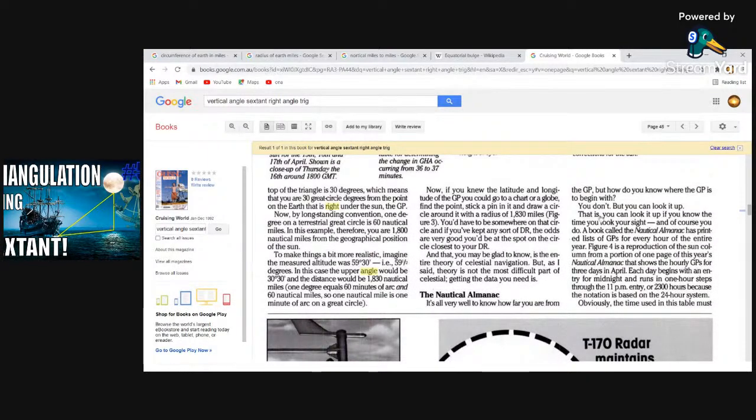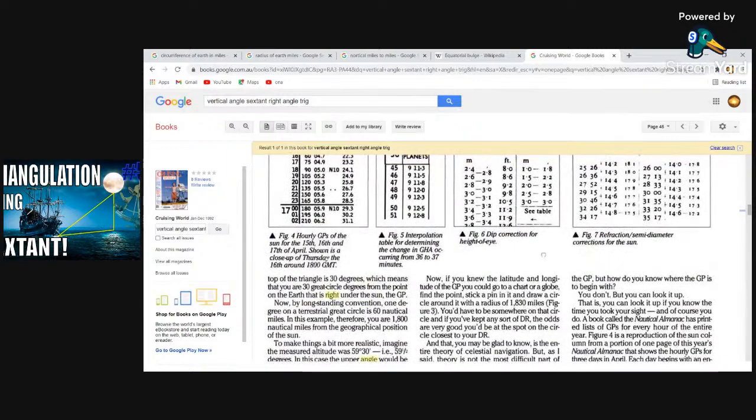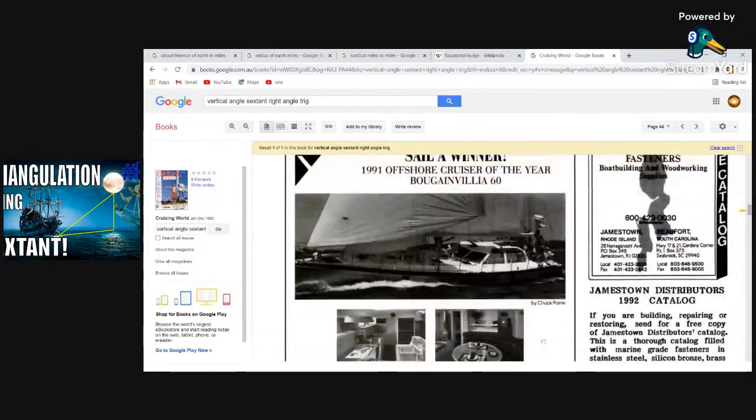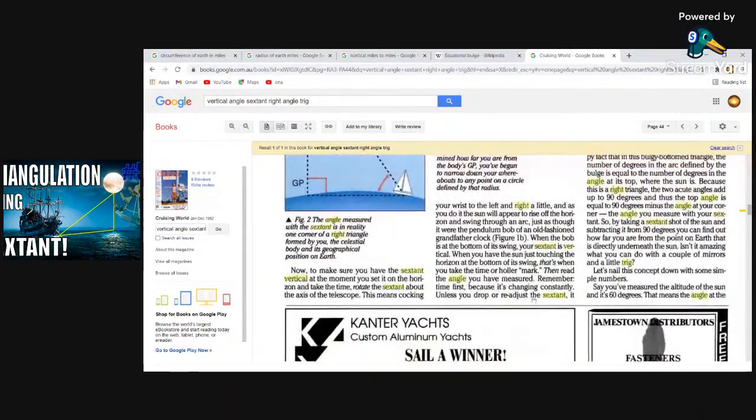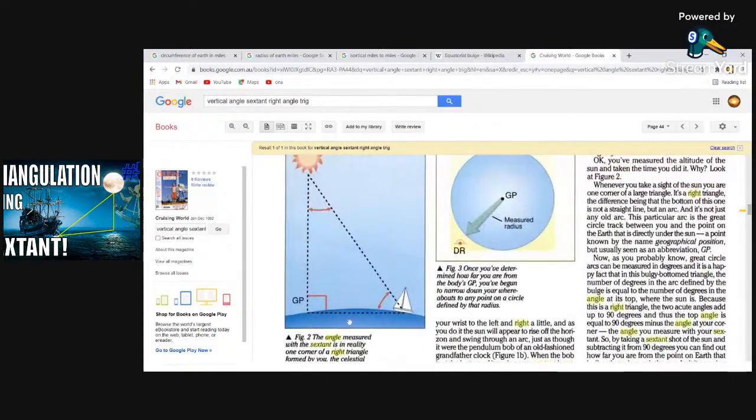And isn't it interesting how they said you can find that arc angle right here? That arc angle is the same as the angle at the top here. So using that knowledge of 1 degree every 60 nautical miles or 69 statute miles, whatever you want to choose, we'll use nautical miles because that's what they use in this article.